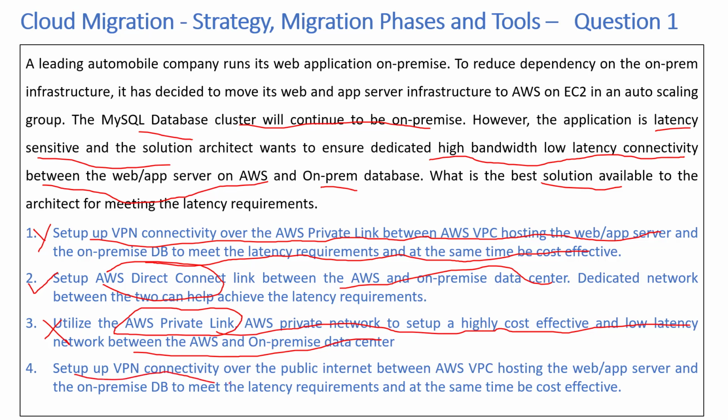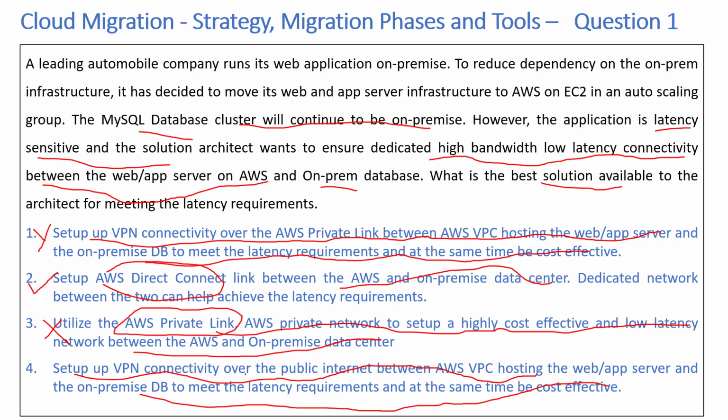Finally, set up a VPN connectivity over public internet between AWS VPC hosting the web app server and on-premise database to meet the latency requirement, at the same time be cost effective. Yeah, this is one of the options. You can set up a VPN connectivity between AWS and your on-premise data center. But the issue with this is that you don't have a dedicated network, so it will traverse over the public internet, which can impact your bandwidth requirements.